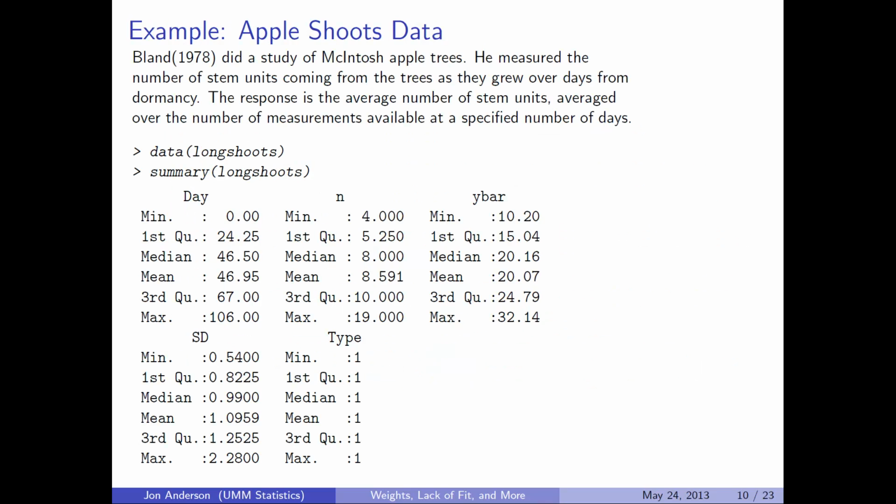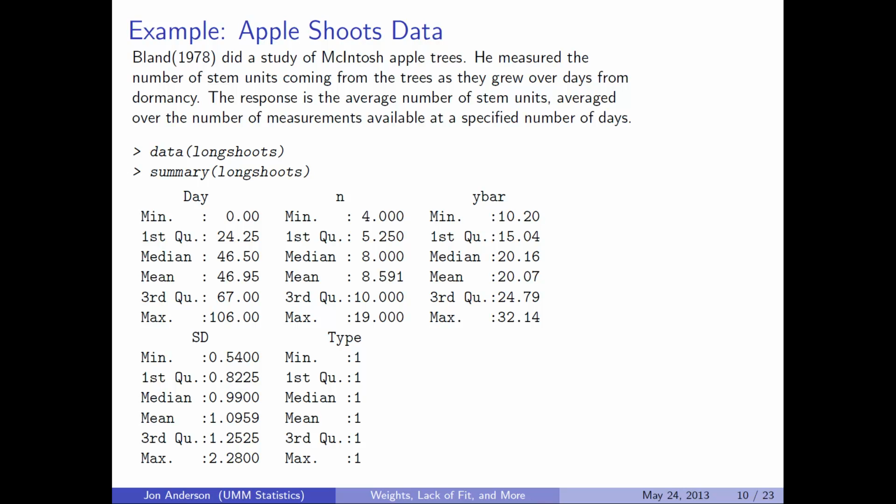Here's an example of some data that would make good use of weighted least squares. We have some apple trees, and we're averaging the number of stems over a number of trees. And so it's different numbers of observations depending on the unit.